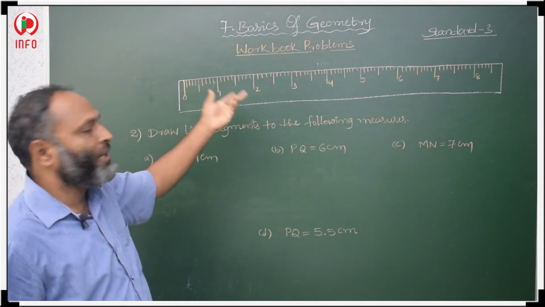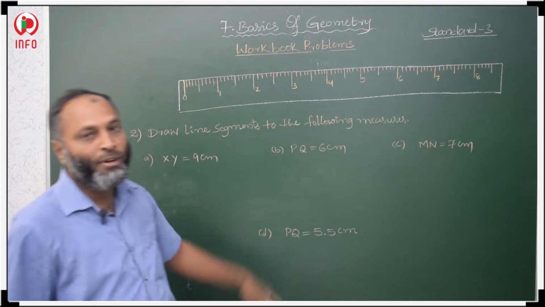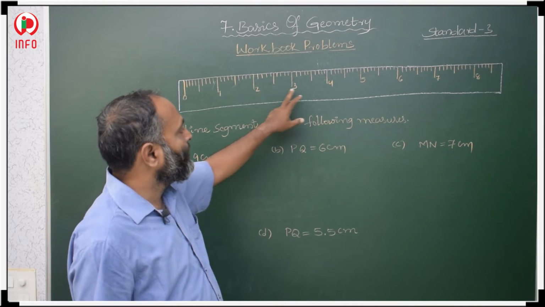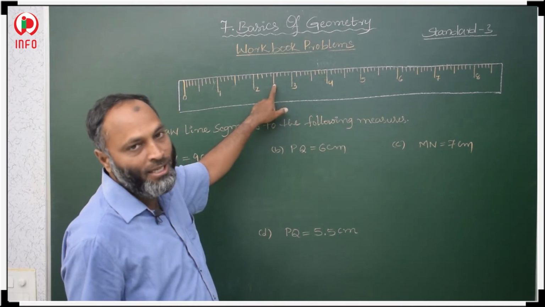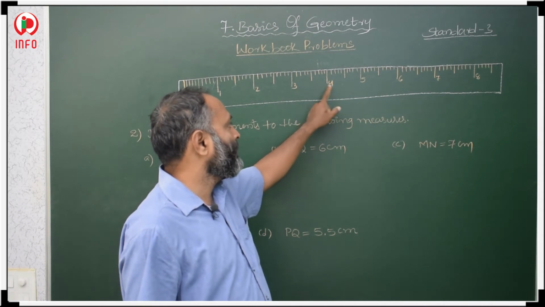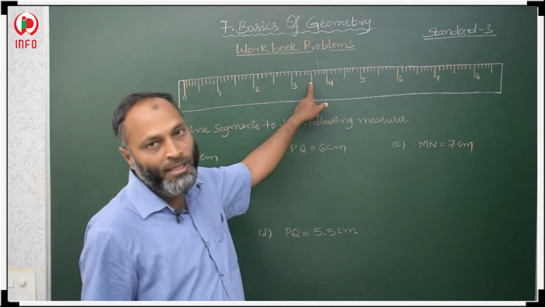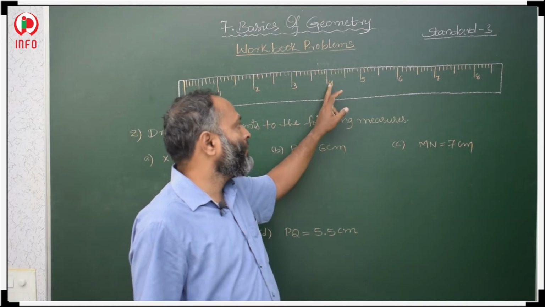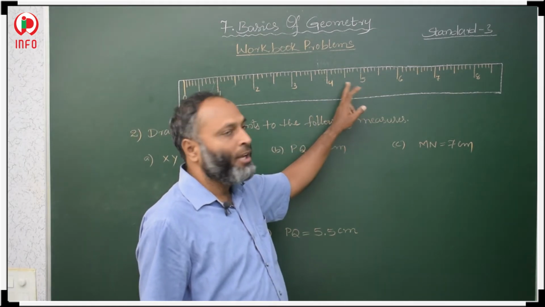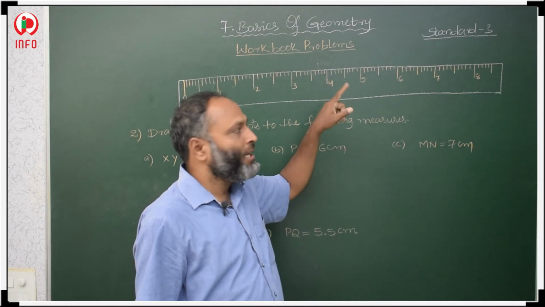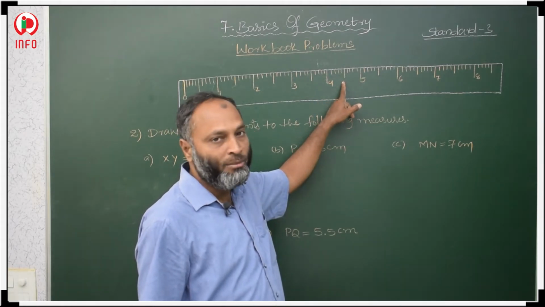If 2.5, 3.5, 4.5, 5.5 is asked, what does it mean? 2.5 means in between 2 and 3, the bigger line is 2.5. 3.5 means in between 3 and 4, the middle line. 4.5 is in between 4 and 5, where a bigger line is there on your scale, that represents 4.5 centimeters.